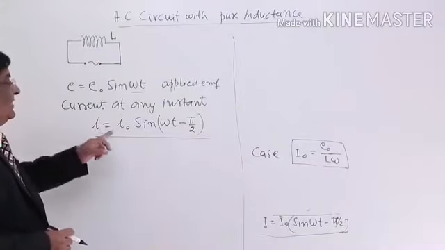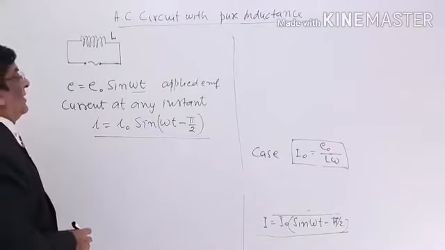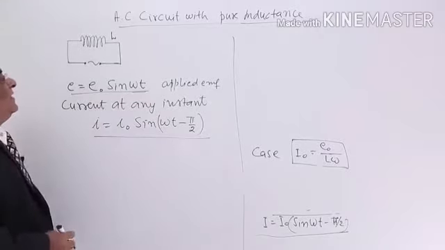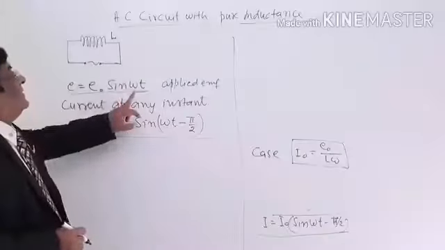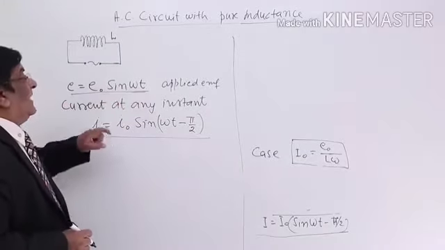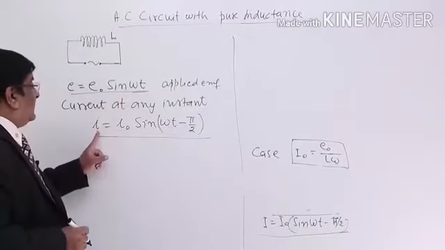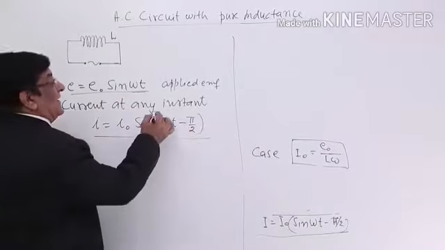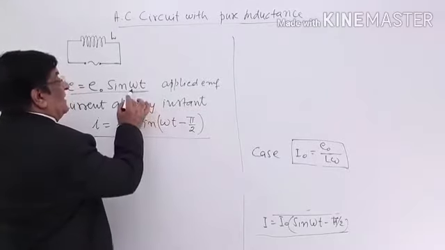We have got I is equal to I naught sine omega t minus pi by 2, and this is the equation of the EMF. At time t, the phase of EMF is omega t. At the same time t, the phase of the current is omega t minus pi by 2. Please mind it. What does it mean?